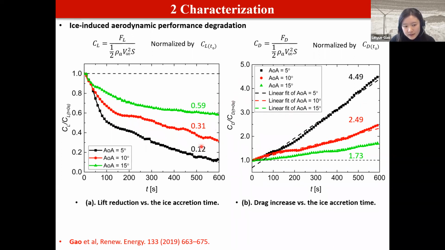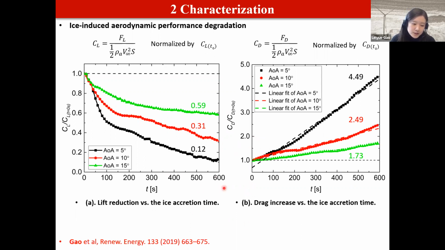So inspired by these findings, we proposed an active pitch control strategy for wind turbine icing mitigation by leveraging the significant difference in icing-induced performance degradation at different angles of attack.